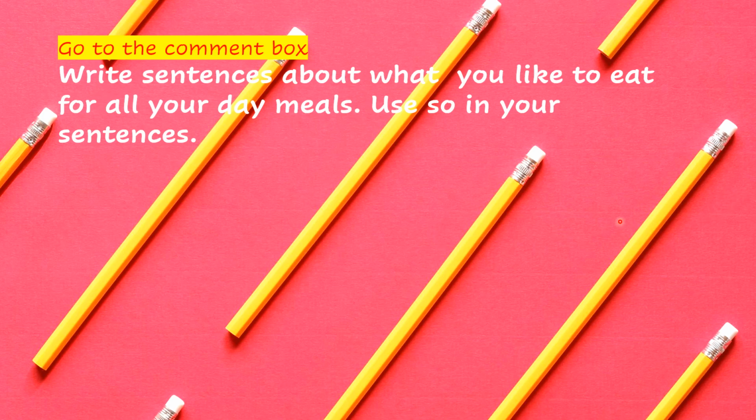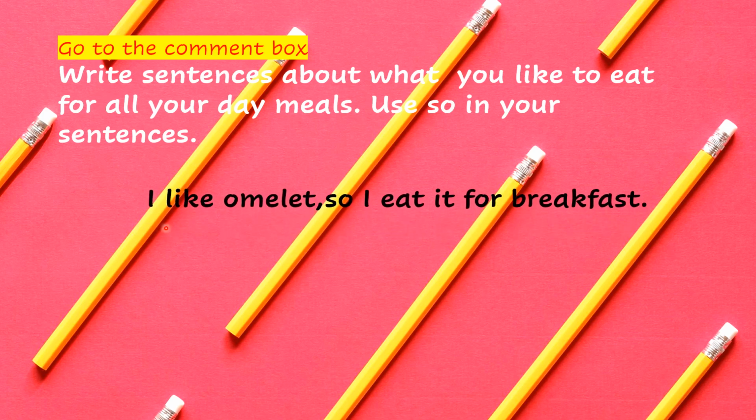First, let's start with my own sentence. I like omelette, so I eat it for breakfast. I usually eat omelette for my breakfast. Why? Because I like omelette, so I eat it for breakfast.